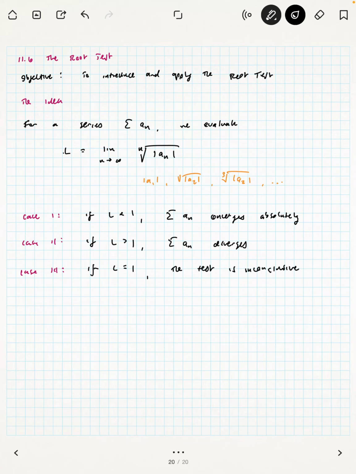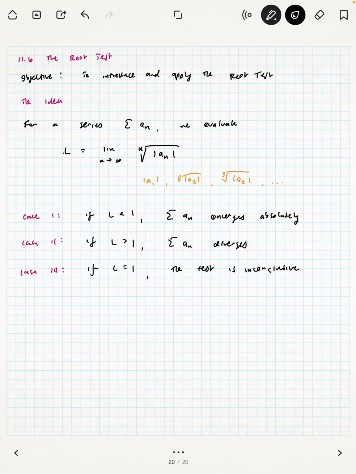And L will equal 1 also for the series with the terms 1 over n squared, the reciprocals of the squares. So we get the same kinds of cases, and just like with the ratio test, when we find this limit, we'll sort out which case it is, and that'll tell us whether the series converges or doesn't converge.